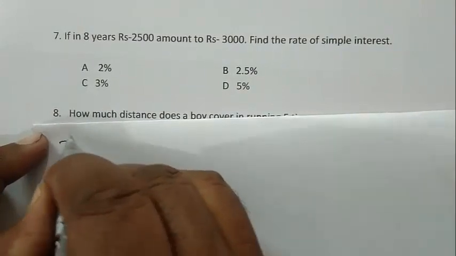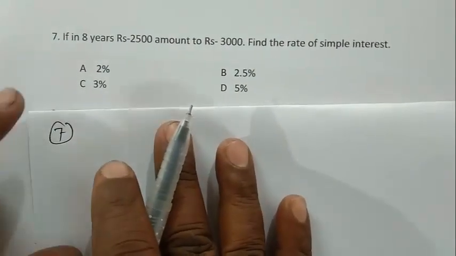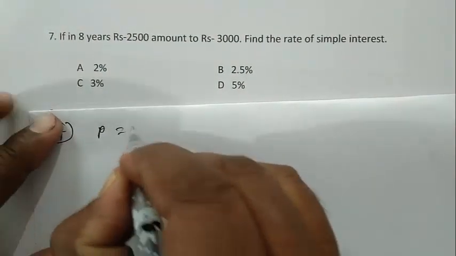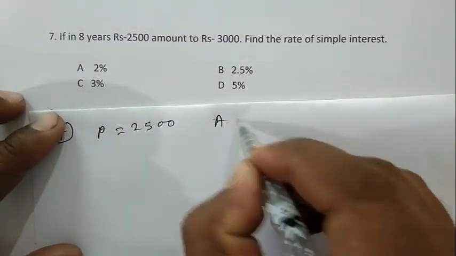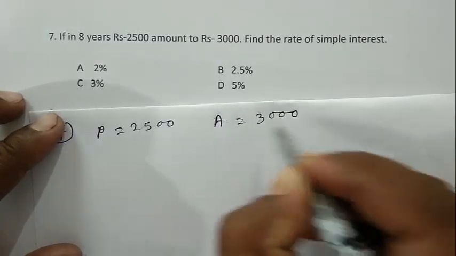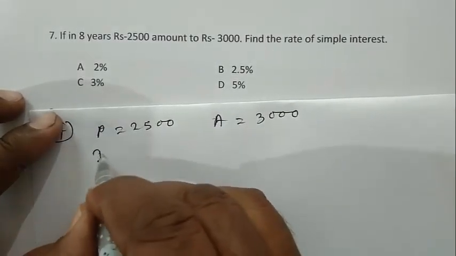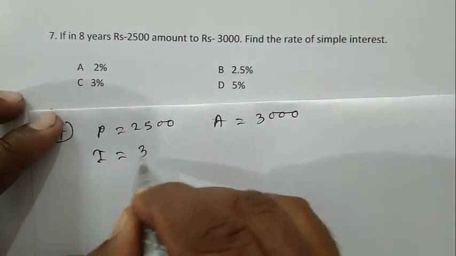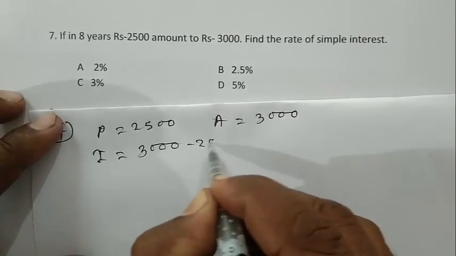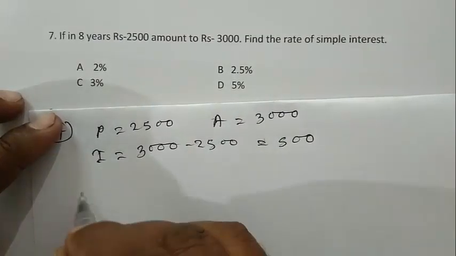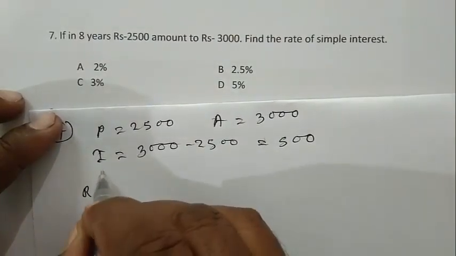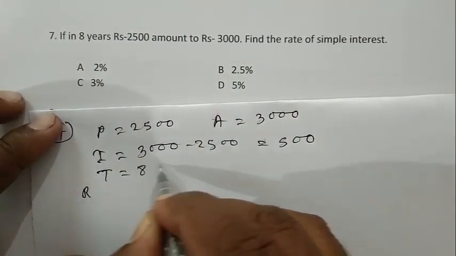Principal is 2500, amount is 3000, so interest is 3000 minus 2500, that is 500. Time equal to 8 years.